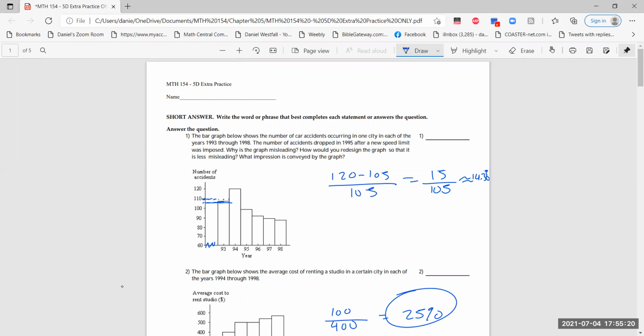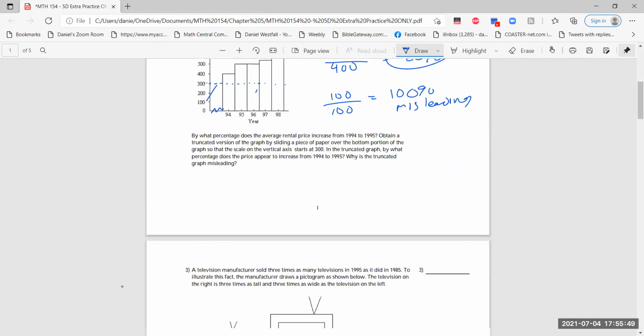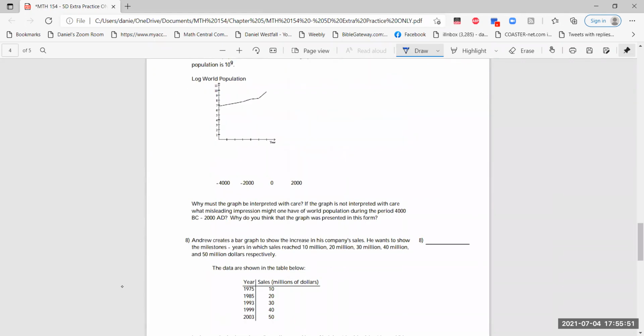It looks like this is, take this part here. What is it here? Looks like that's maybe something like that. Again, let's check the answers and see what they say.